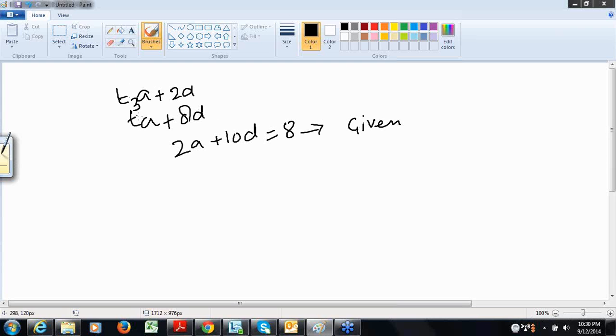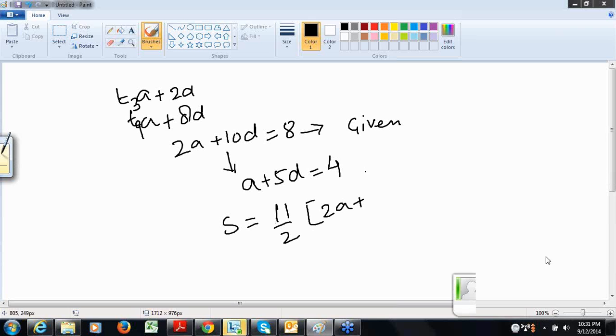That means a plus 5d is equal to 4. Now the sum of the first 11 terms will be 11 by 2 into 2a plus 10d.